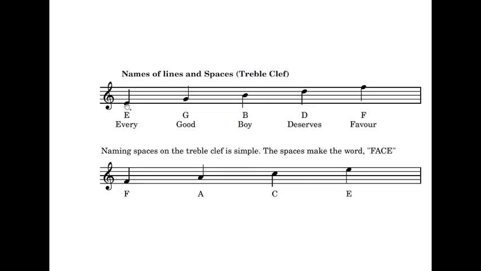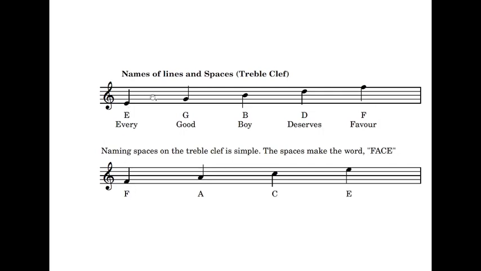This note is in a line. This note is in a line. But look at this note. This note is in a space. This note is in a space. I think you can see the difference between a line and a space.